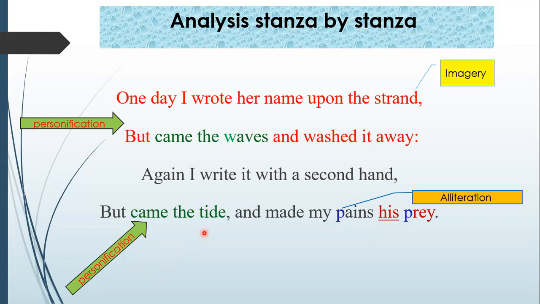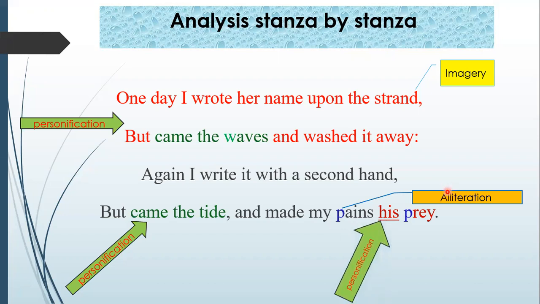And in line number 4, we have alliteration. We have here the sound P repeated, the initial sound in two words in sequence. And as we have studied before, this case can be called alliteration.